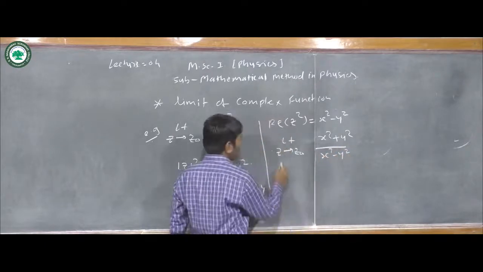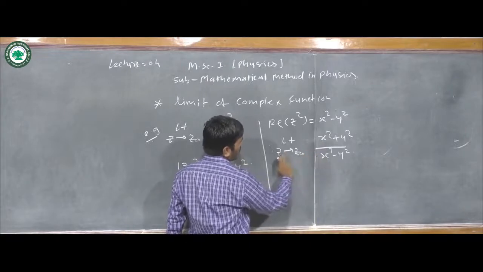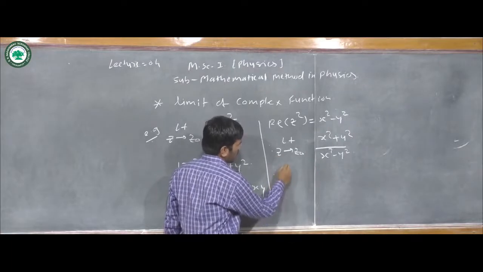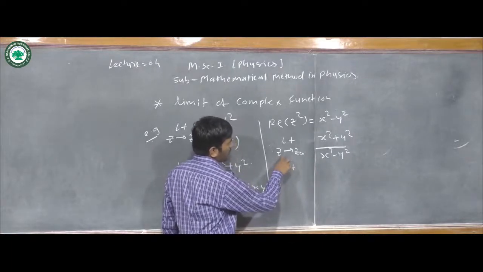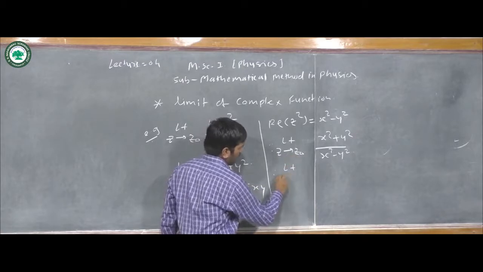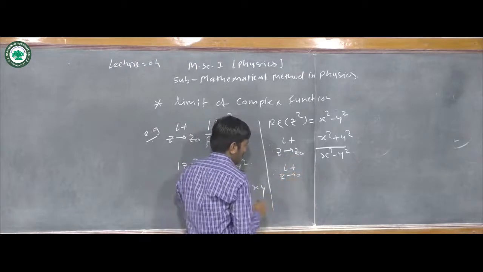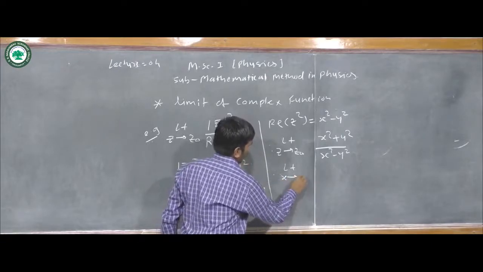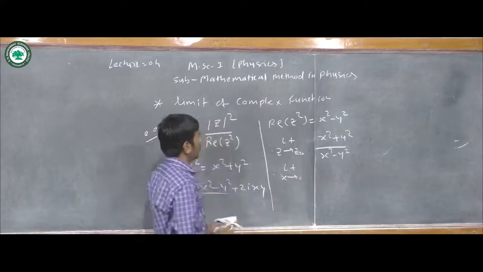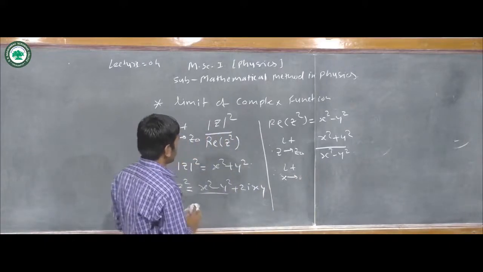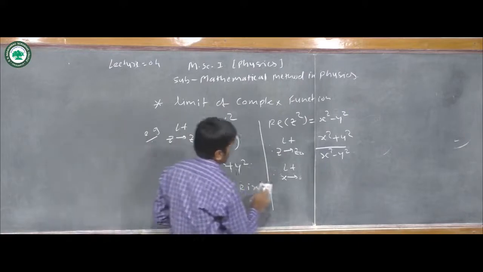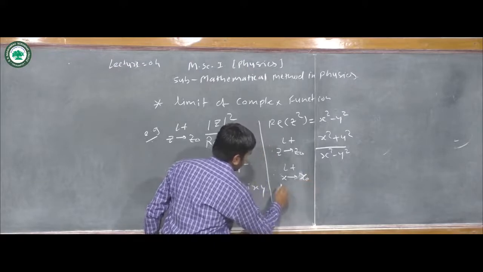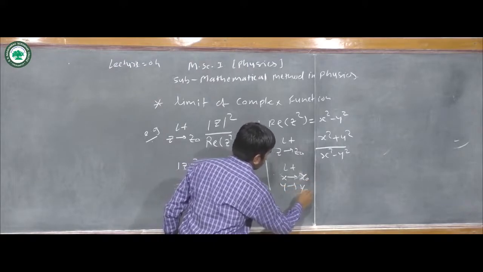Okay, so if we change this z in terms of x and y, we can write the limit z approaches z naught as x approaches x naught and y approaches y naught.